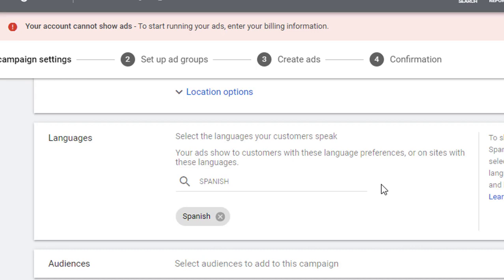So what would be the probability? The possibility is that these Spanish people might not be able to understand your ad copy. Why?